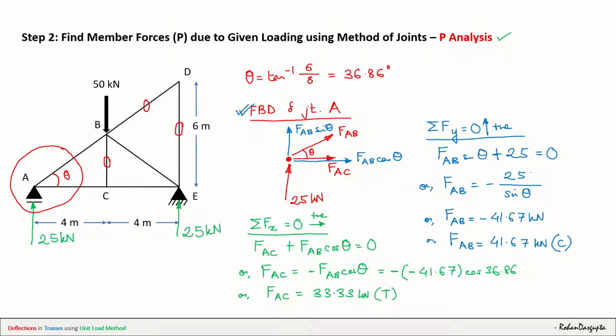So quickly, I will write this in this diagram. Just see that FAB is in compression, FAC is in tension. So let me draw FAB as compression. It will look something like this.